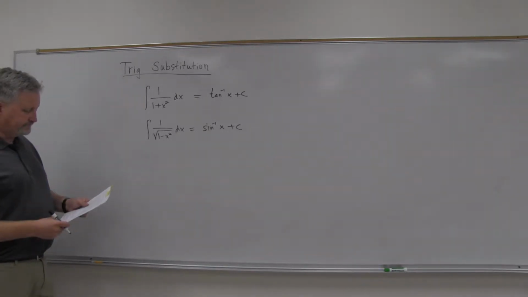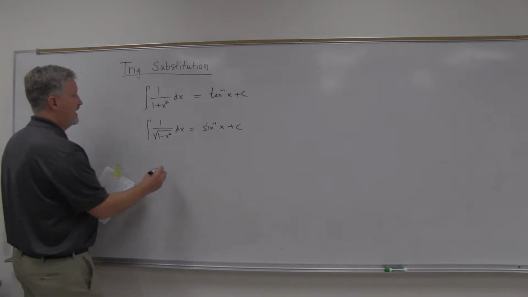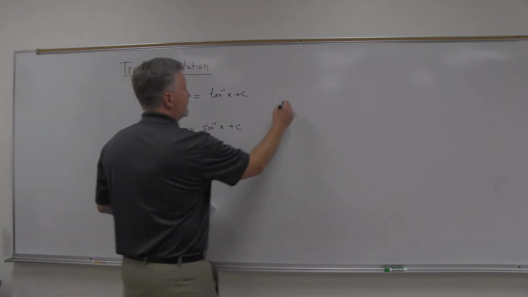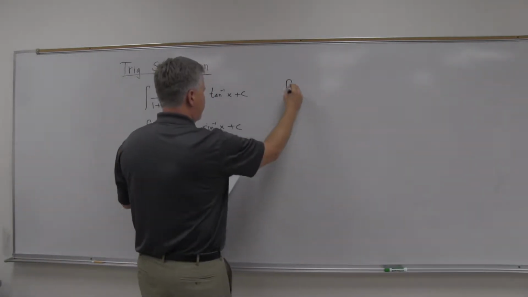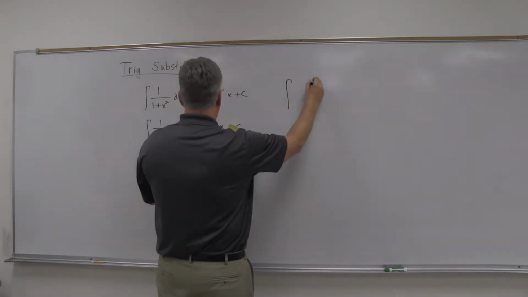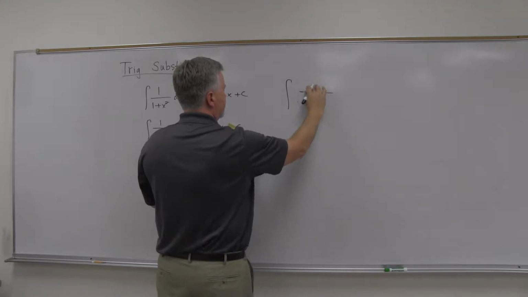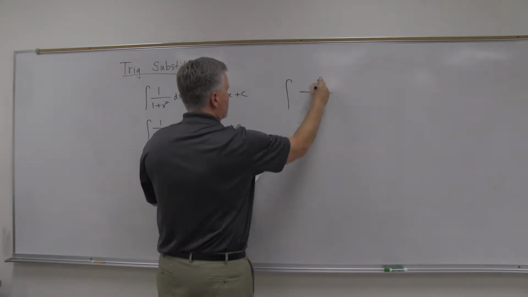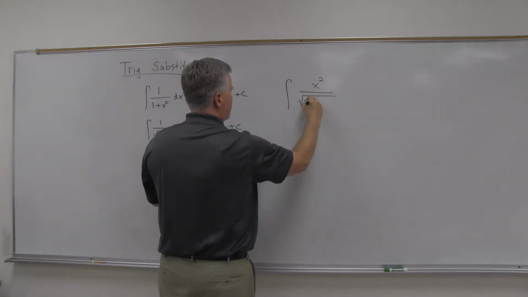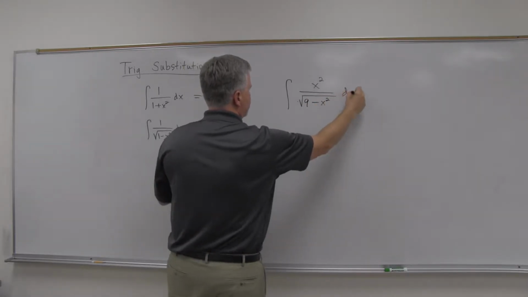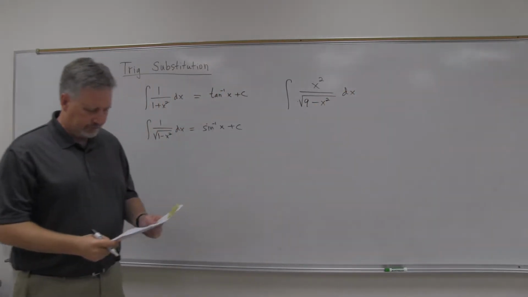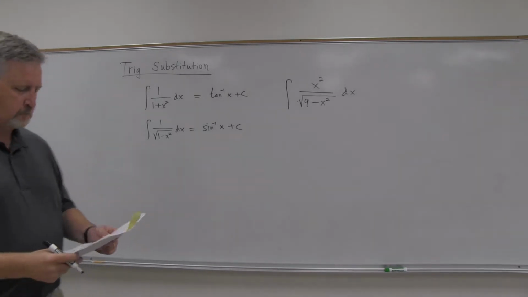For example, say we had the integral where the top is x squared and the bottom is the square root of 9 minus x squared dx. I think this is one of the ones that we will do.